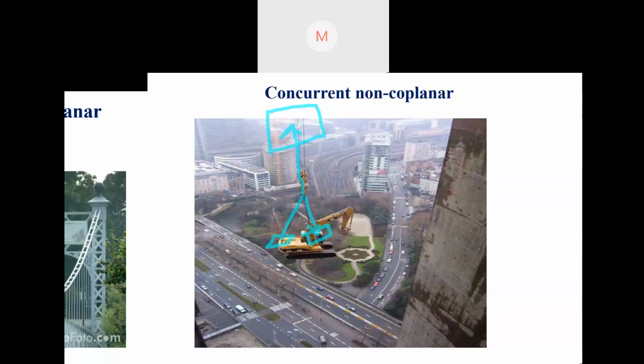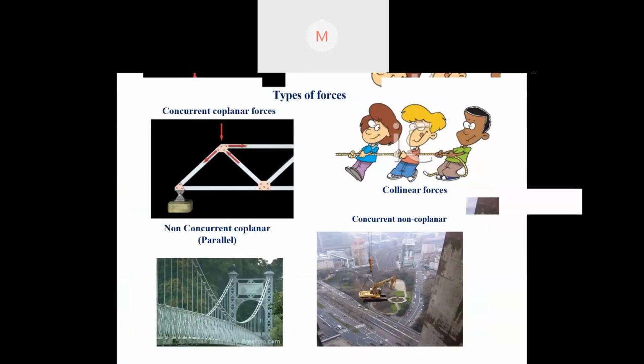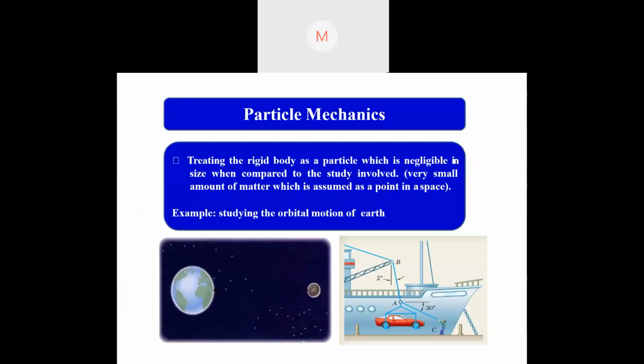So these are meeting on the same point, but they are on different planes. This means this is concurrent and non-coplanar. So these two ways we can explain from this figure. Is it clear, everyone? Yes, sir.